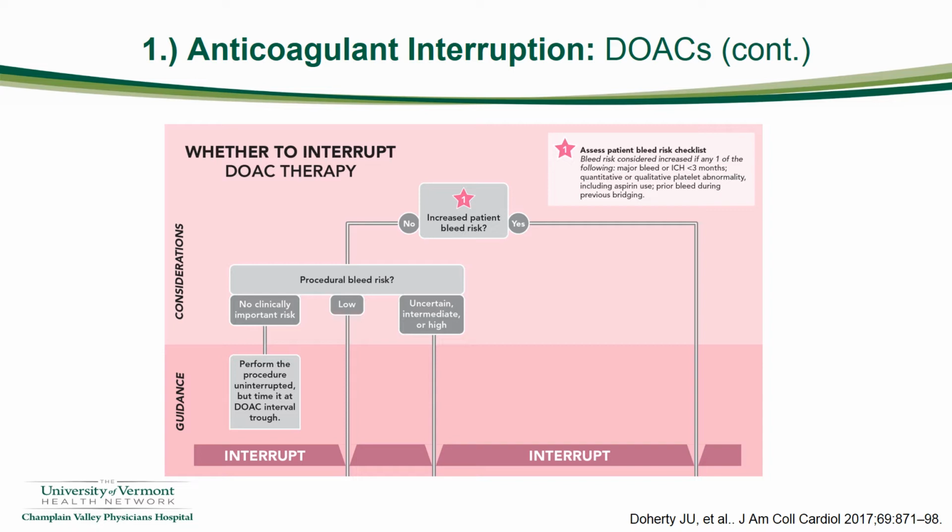In the cases of no important bleed risk, we're essentially recommended to perform the procedure uninterrupted. For your low, uncertain, intermediate, or high, again, we look at table 4B on the previous slide, and a patient's creatinine clearance to determine the period for withholding a DOAC prior to a procedure.